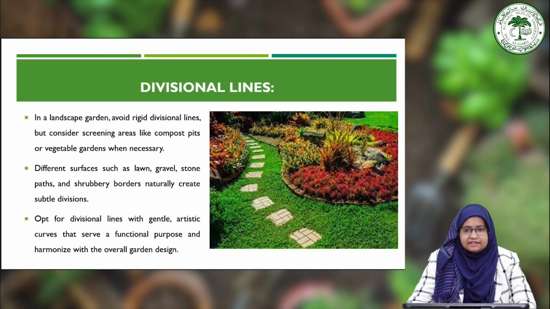Next is divisional lines. In a landscape garden, rigid divisional lines should be avoided, though there may be a need to screen off certain areas like compost pit or vegetable gardens. Areas under lawn, gravel stone or cement path and shrubbery borders naturally delineate from their surroundings, albeit subtly.